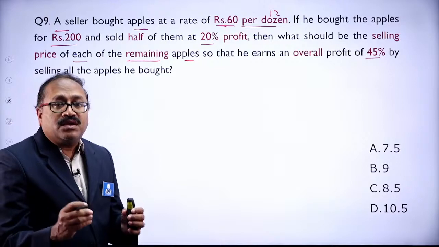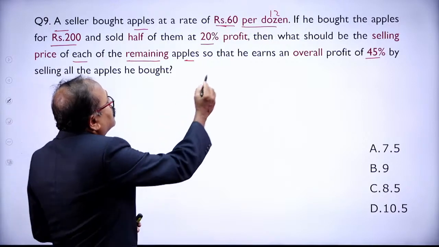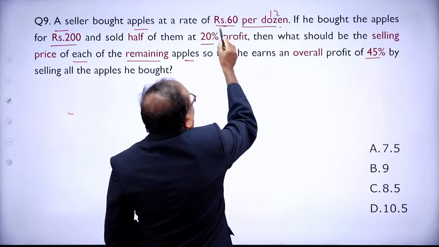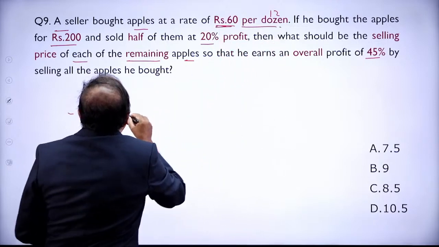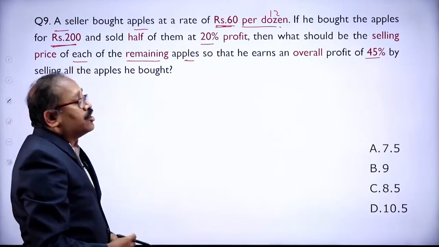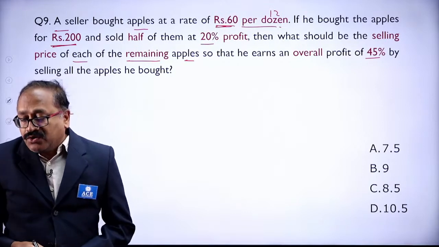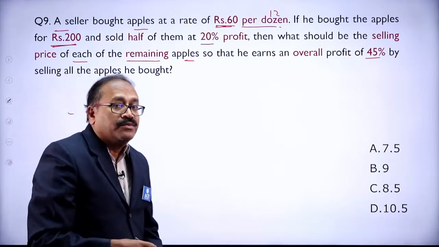Look at how easy this question is to answer. It says 12 apples, a dozen, for rupees 60, and he bought the apples for rupees 200. How many apples did he buy? Do we need to find that out?